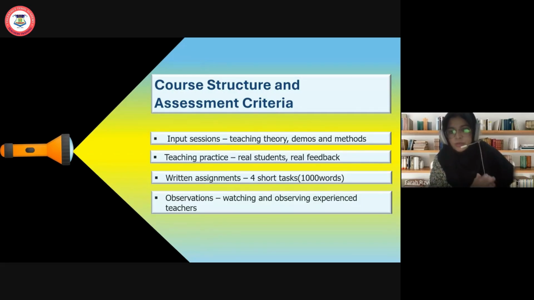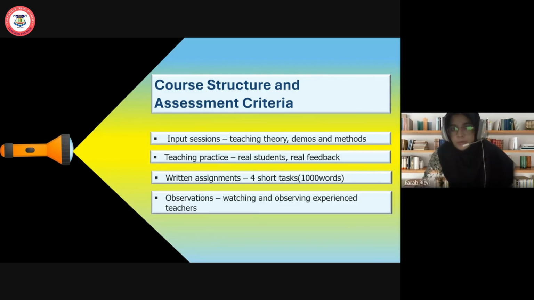You are going to watch the videos of experienced teachers and you are going to learn the techniques used in action. So, the most important thing over here is input sessions and observations are not graded. Teaching practices and written assignments are graded.